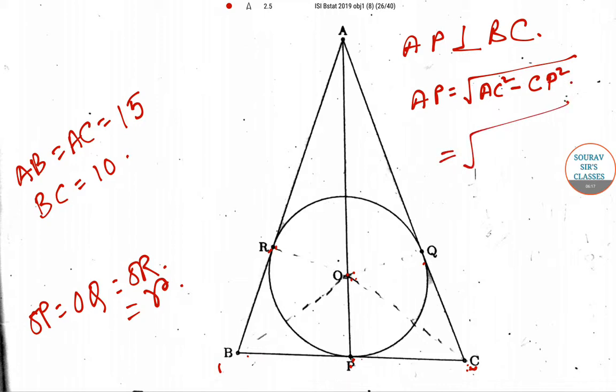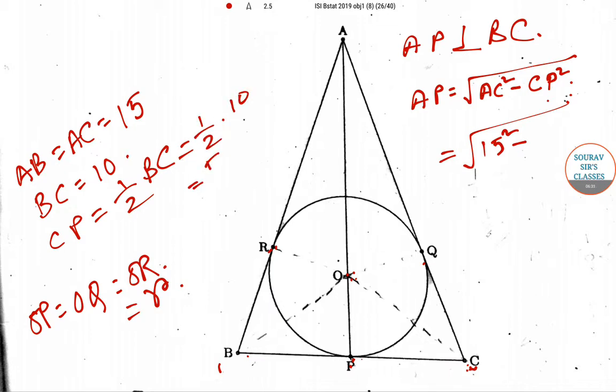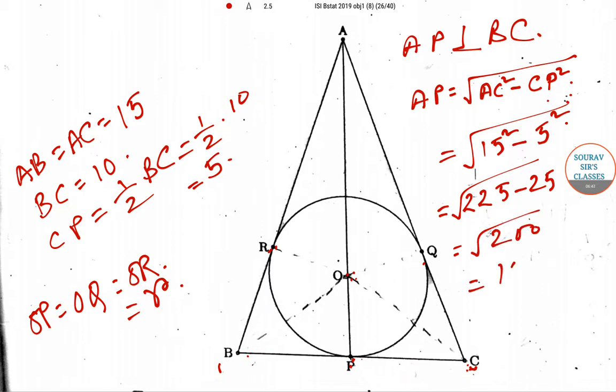Now AC equal to given 15 and CP equal to half BC, as P is the midpoint, so half into 10 equal to 5. So it is 15 square minus 5 square, so 225 minus 25, root under 200, equal to 10 root 2.